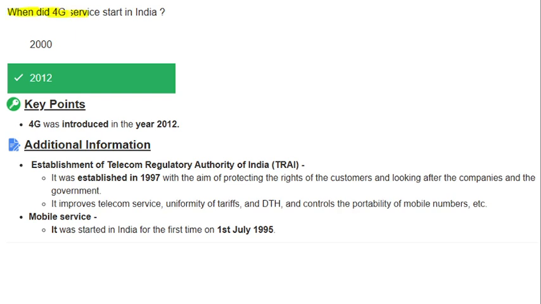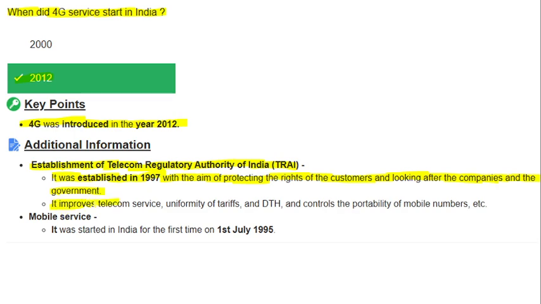When did 4G service start in India? 4G was introduced in the year 2012. Establishment of Telecom Regulatory Authority of India (TRAI). TRAI was established in 1997 with the aim of protecting the rights of the customers and looking after the companies and the government.